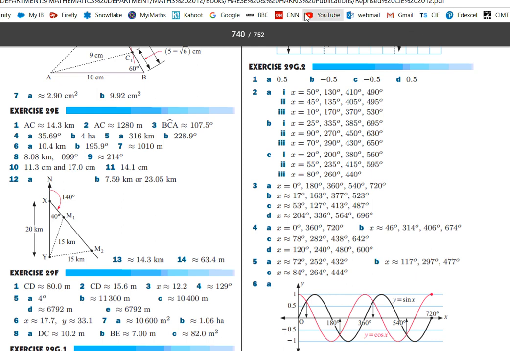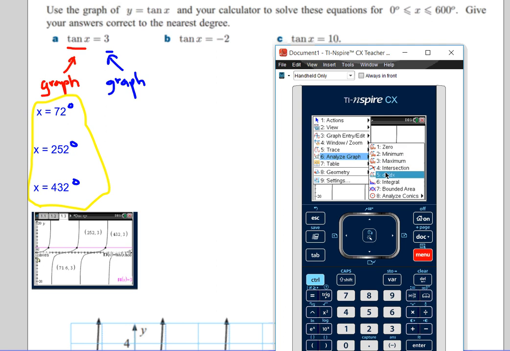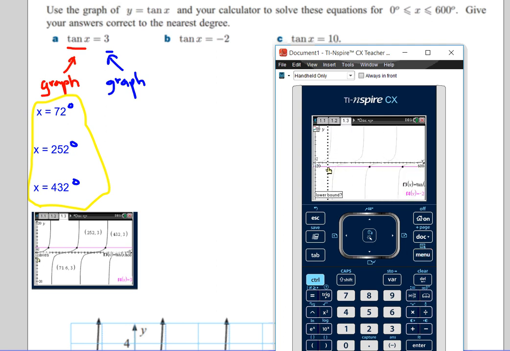Menu, analyze graph, intersection, here and here. And now let's do the other one, analyze graph, to save time, intersection, here and here. There's that one, menu, analyze graph, intersection, here and here.